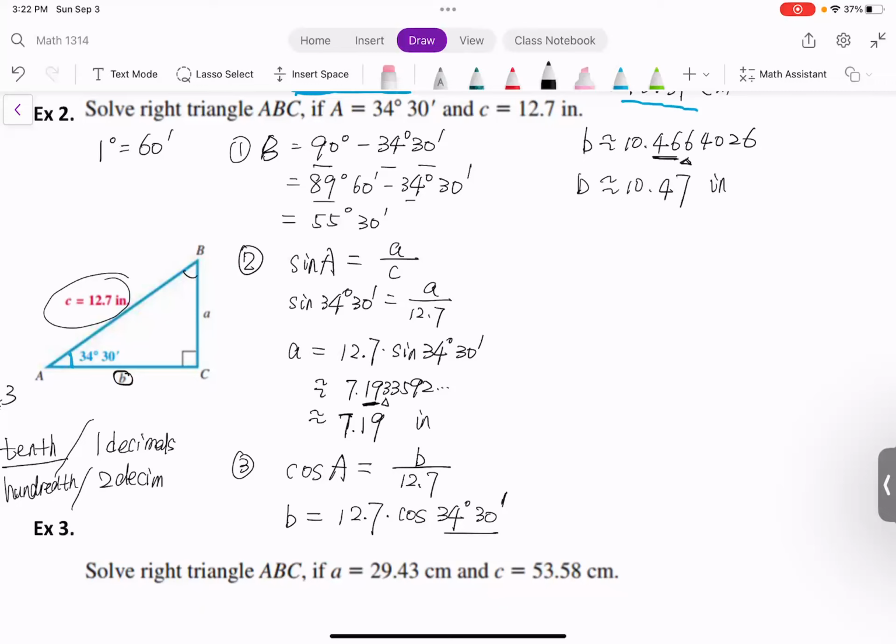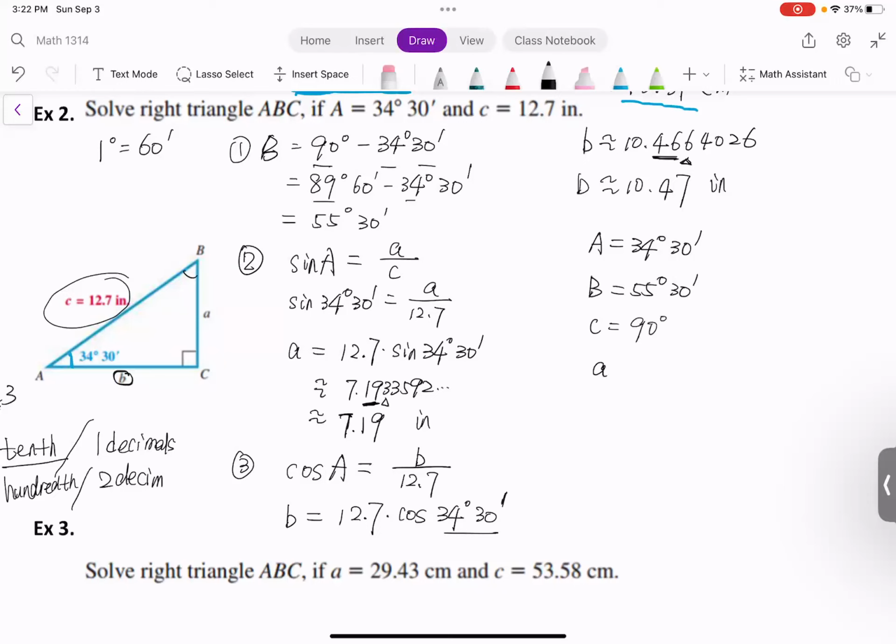Okay, we found all the missing information, so we need to make a conclusion. My angle A is 34 degrees 30 minutes, angle B is 55 degrees 30 minutes, and angle C is 90 degrees.